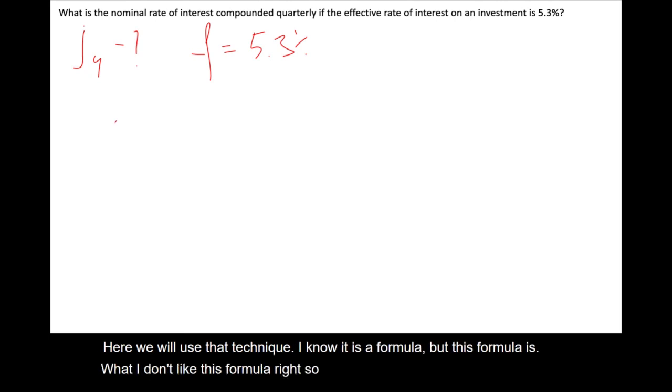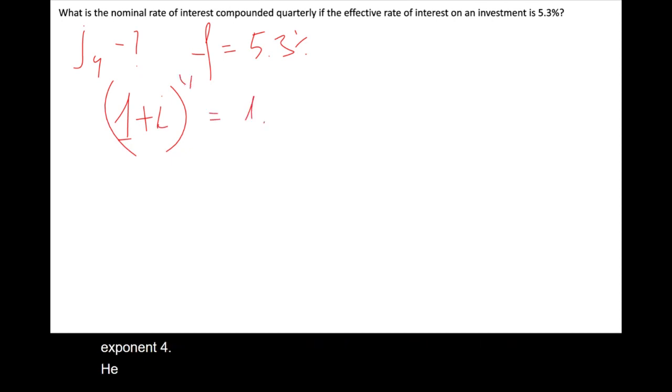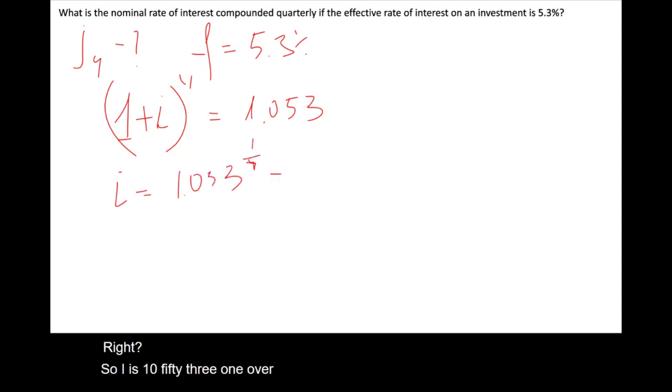So I offer you to do this. 1 plus i exponent 4 equals 1.053, right? So i is 1.053, exponent 1 over 4, minus 1.